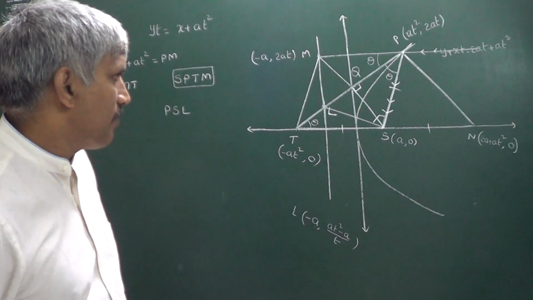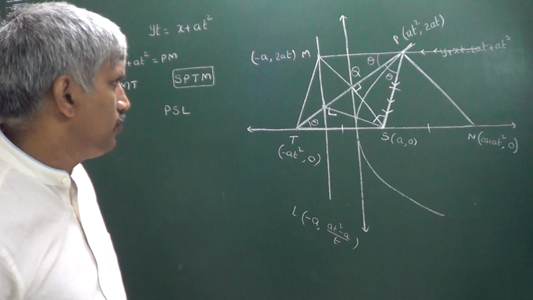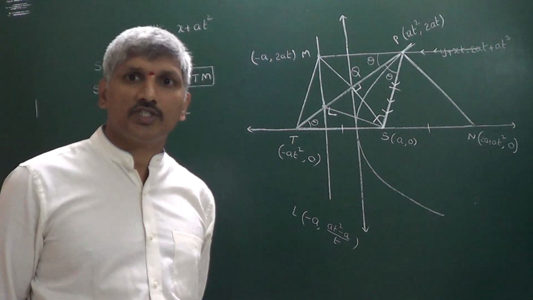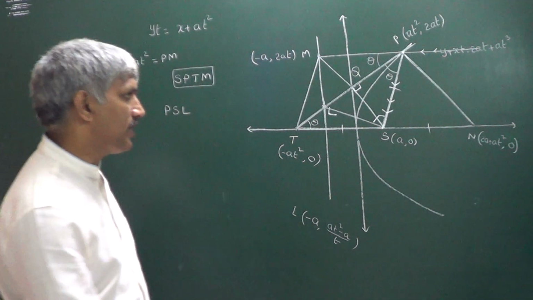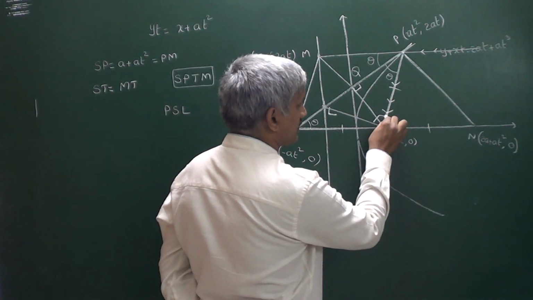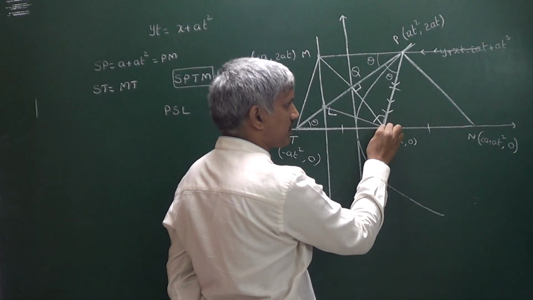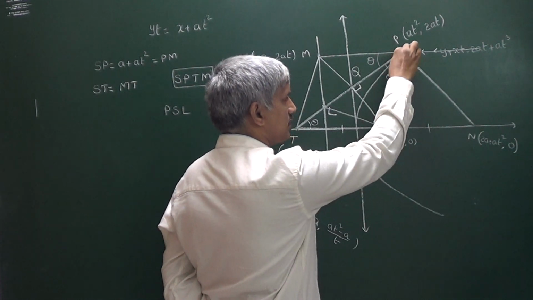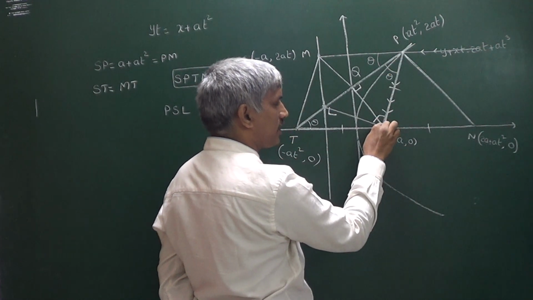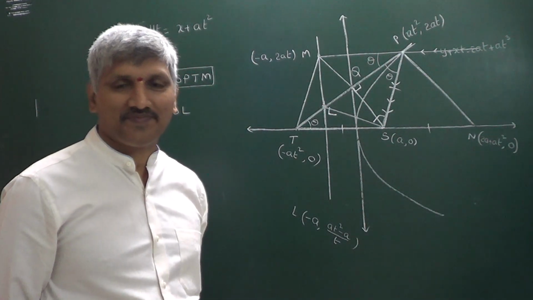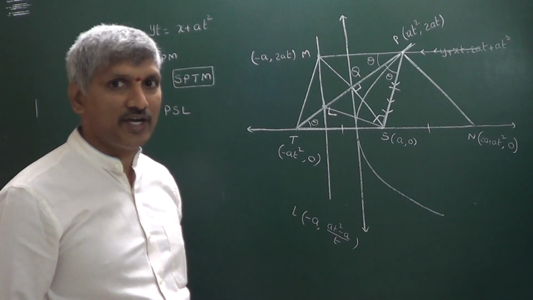One more point I want to discuss here. You can observe SP. Now I am constructing a circle with SP. We will call SP the focal radii, actually we are calling it the focal distance, SP as a diameter.